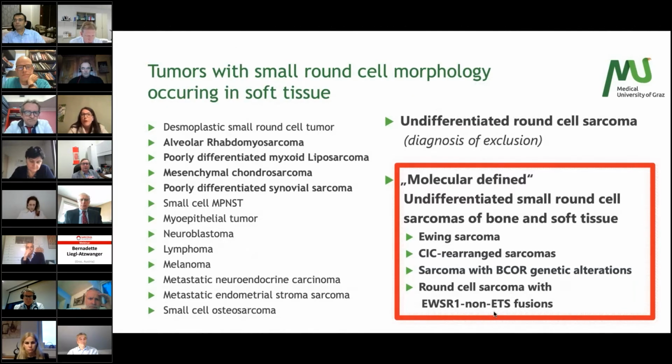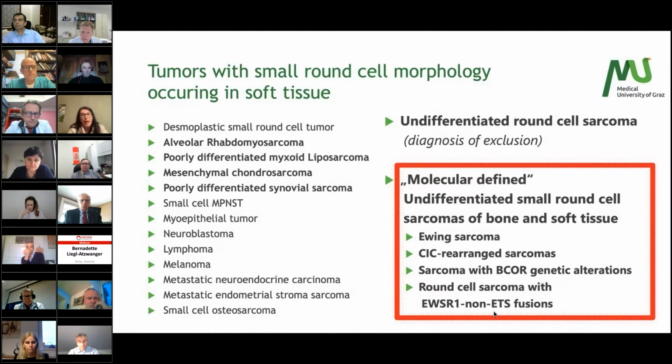So tumors with round cell morphology: in pathology we do not only have this group of undifferentiated small round cell tumors in the differential diagnosis. We have a lot of other tumors in the list.